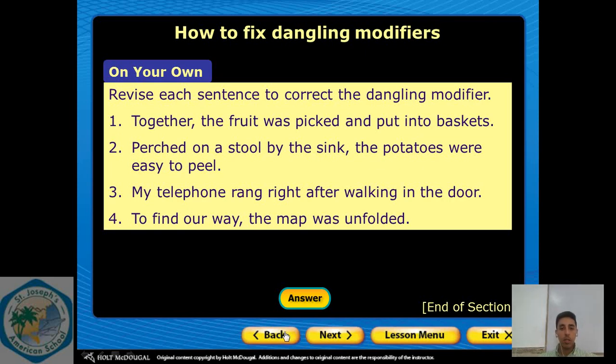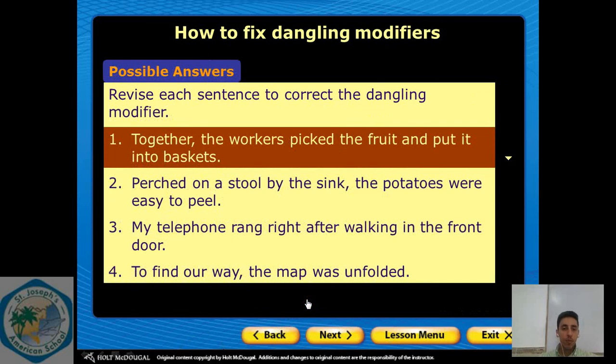So together, the fruit was picked and put into baskets. Together, the fruit. No, I don't like this. So together, the workers. The fruits cannot be together. The workers picked the fruit and put it into baskets.